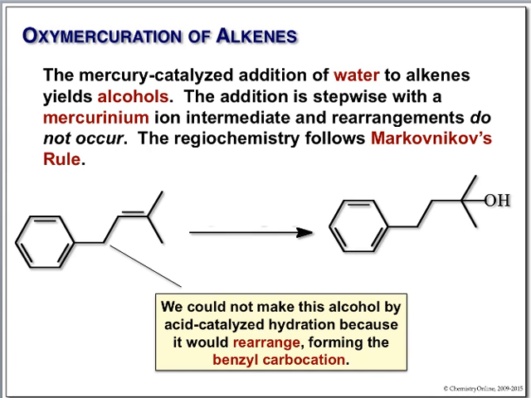That means we will get Markovnikov regiochemistry here, that's that carbon, but we won't have rearrangement. Therefore, step 1, we simply dump in mercury 2 acetate. That would give us the mercury bonded here. Step 2, sodium borohydride, get rid of the mercury, have our product, no rearrangement, and we all pass organic chemistry.